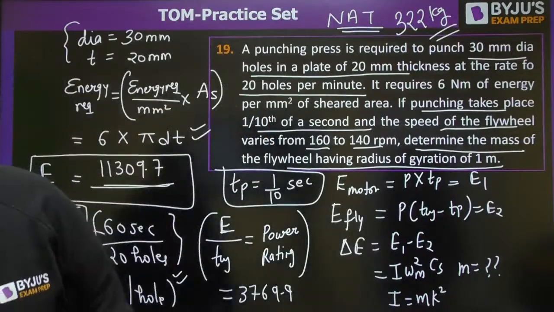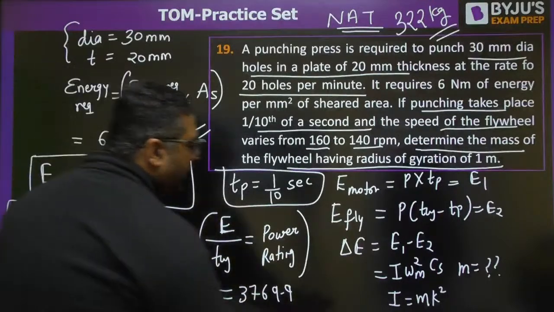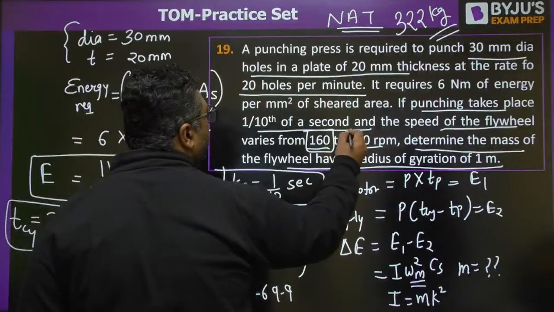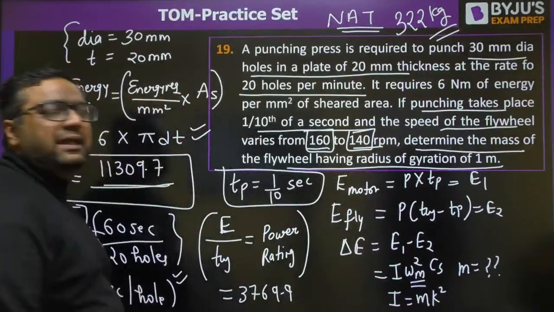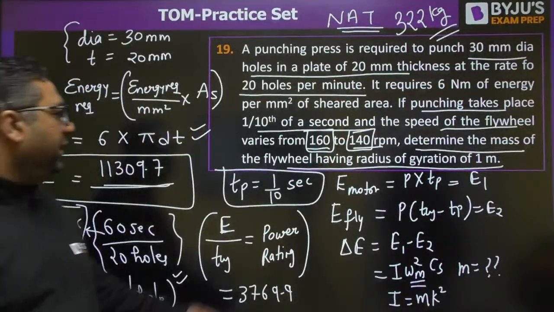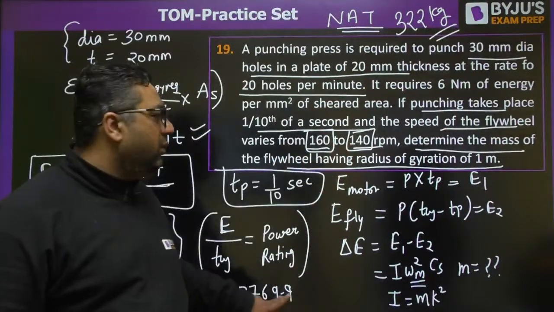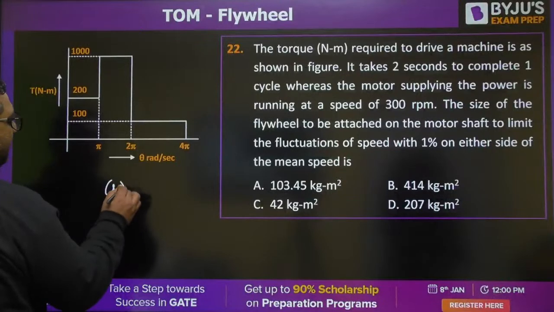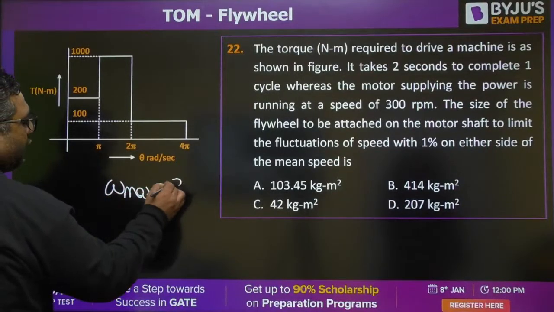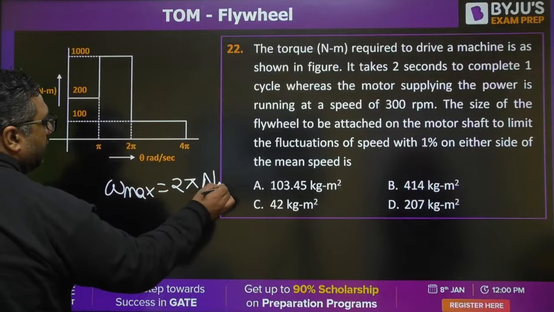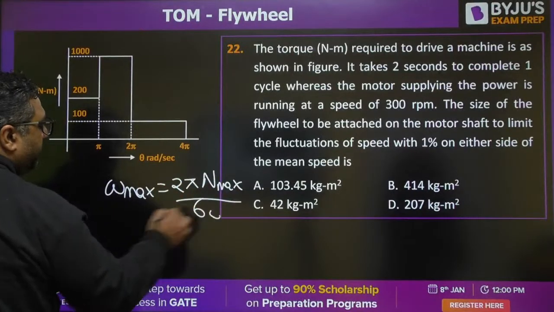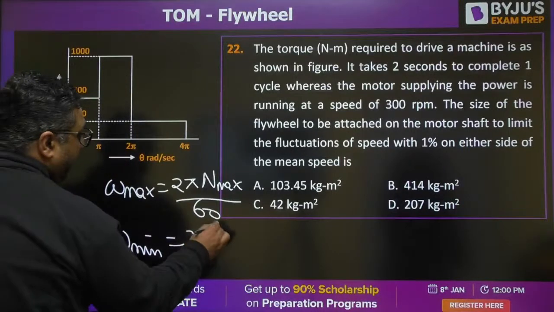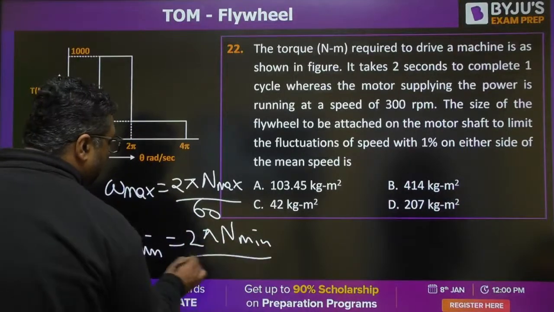No, Jobin. How will you be finding out omega mean here? This 160 to 140 are given to find out omega mean and CS. Arey bhai, this is in RPM. You will be finding out omega max as 2 pi n max by 60. You will find out omega mean as 2 pi n mean by 60.